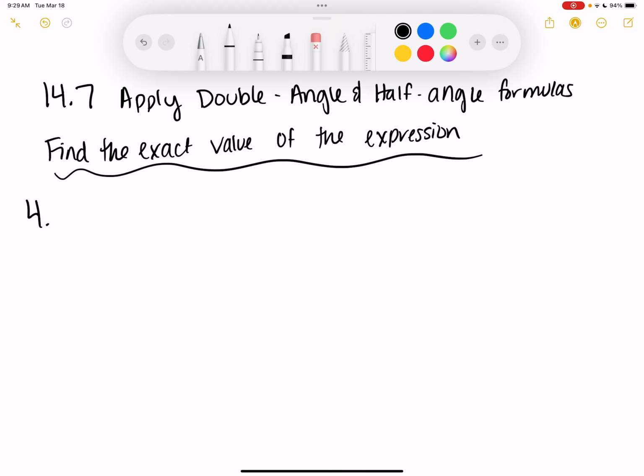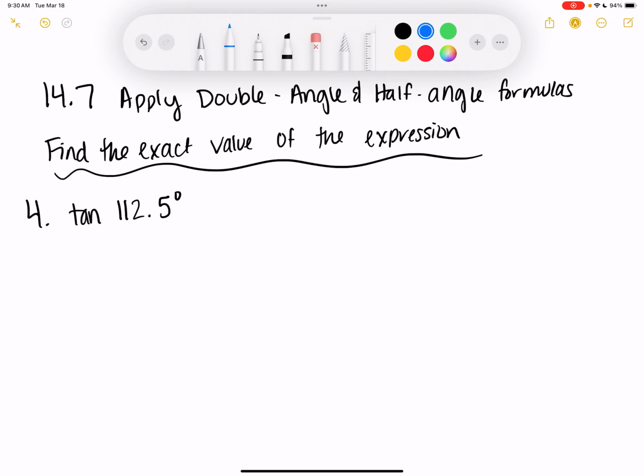For the tangent of 112.5 degrees. So I'm trying to figure out what the angle that's given to me is half of. So if I doubled that angle, what would it be? 225.